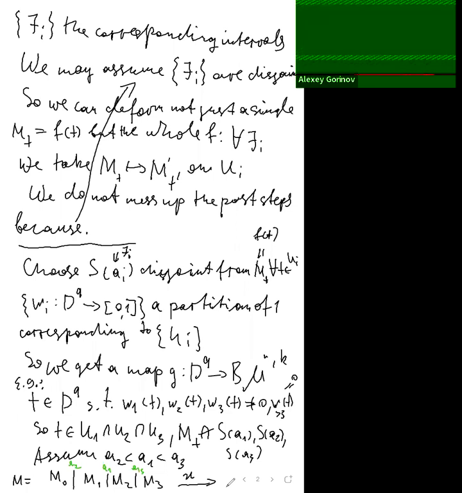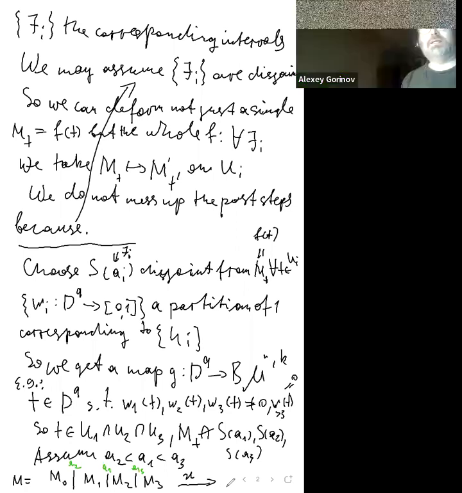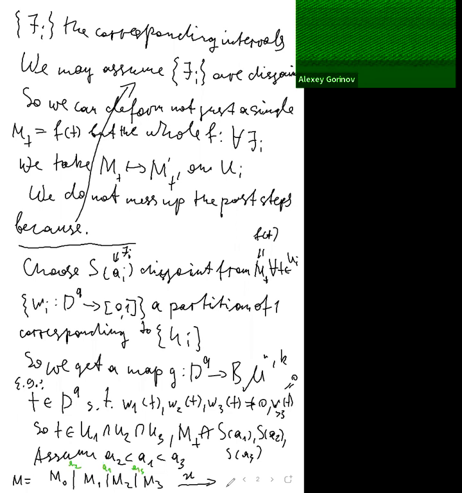We have multiplication in C N K plus 1, and this multiplication consists in putting things next to other things, but in some coordinate.